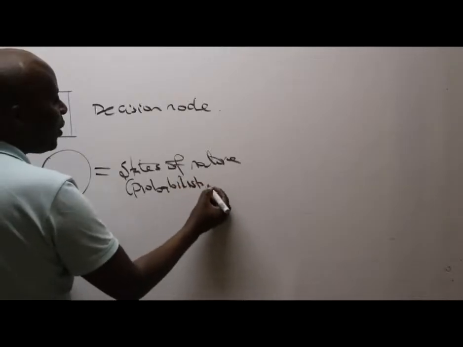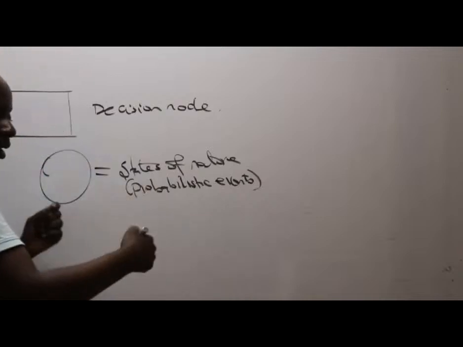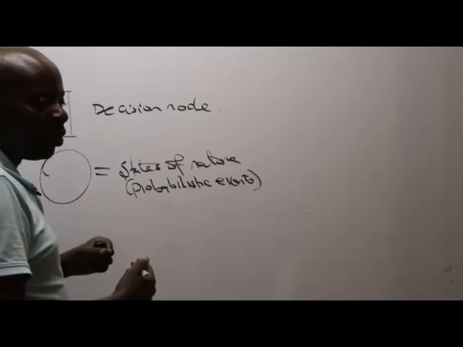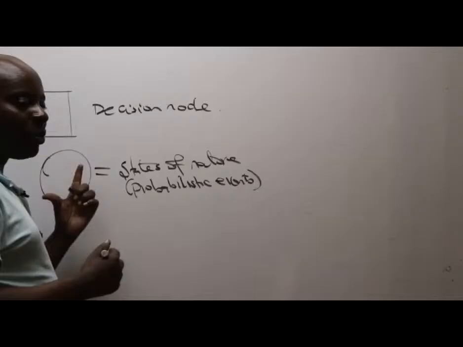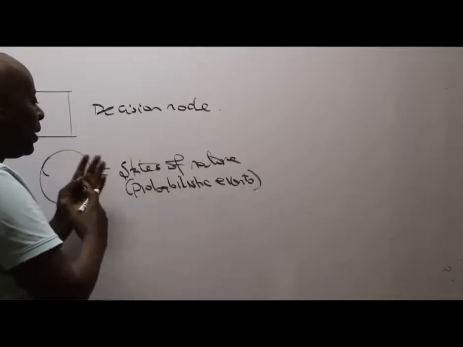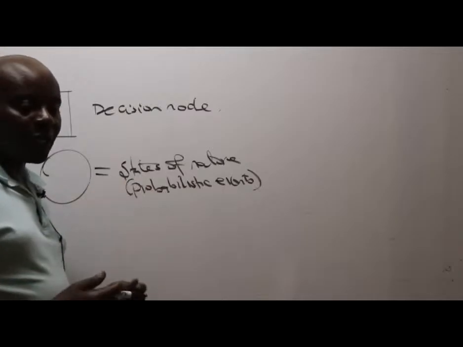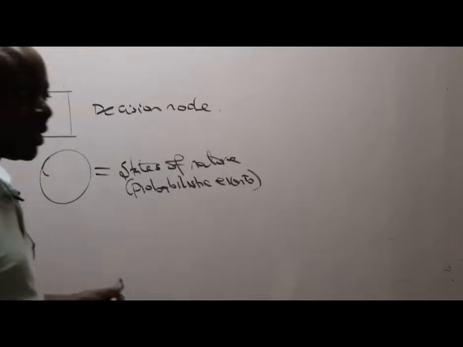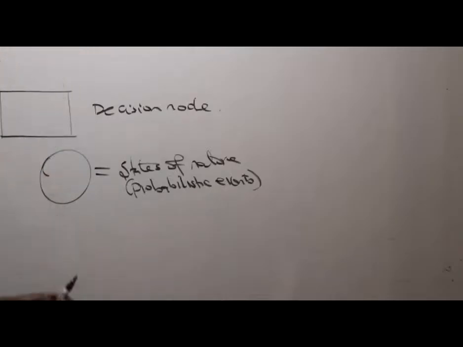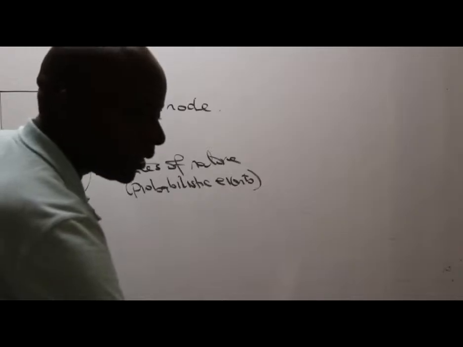All events which have probabilities will always be coming out of a circle, to signify what is uncertain. You know, probabilistic events can go either way. So, ladies and gentlemen, have you been able to put this down? Have you been able to at least capture this in your notes there?